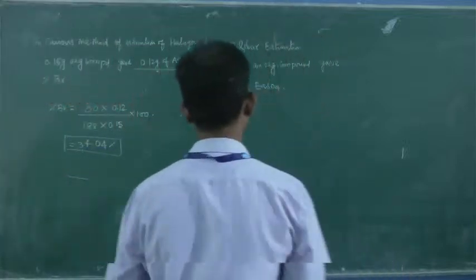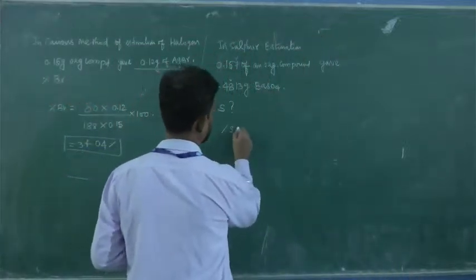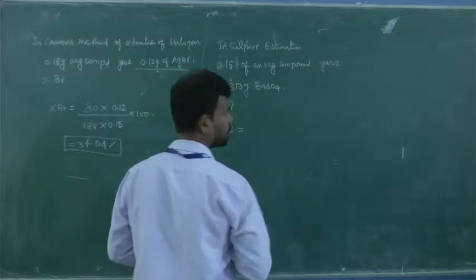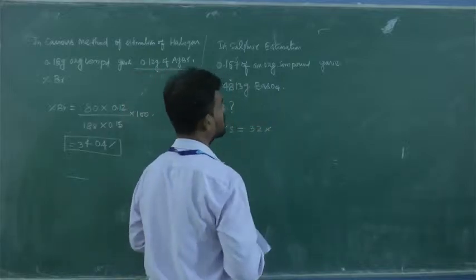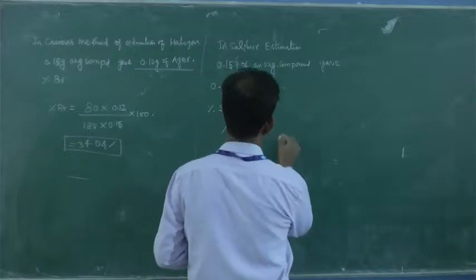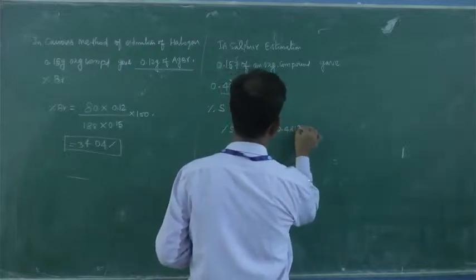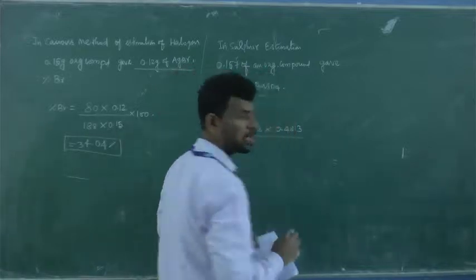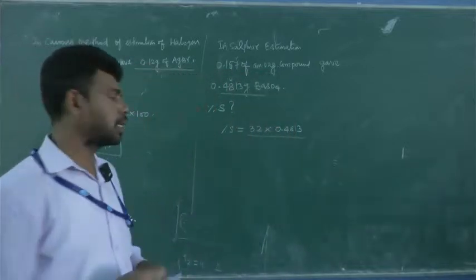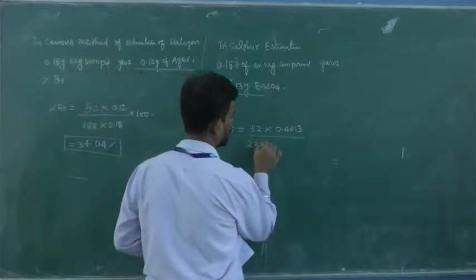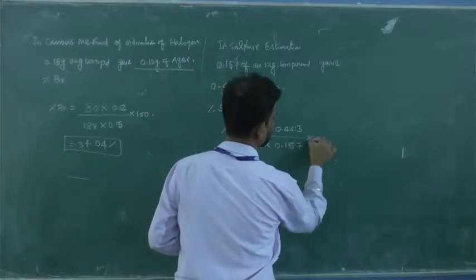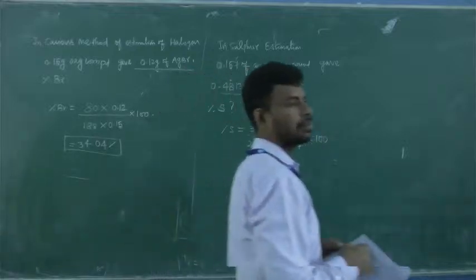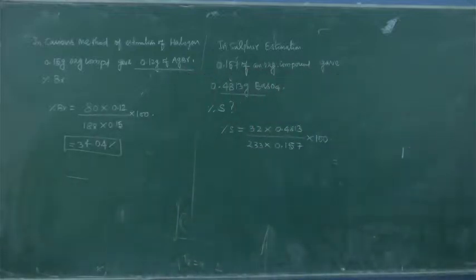What is the formula? Percentage of sulfur is equal to atomic mass of sulfur 32 into mass of barium sulfate that is produced, 0.4813, divided by, what is the molecular mass of barium sulfate? 233. Weight of organic compound 0.157. Just take the formulas and substitute.